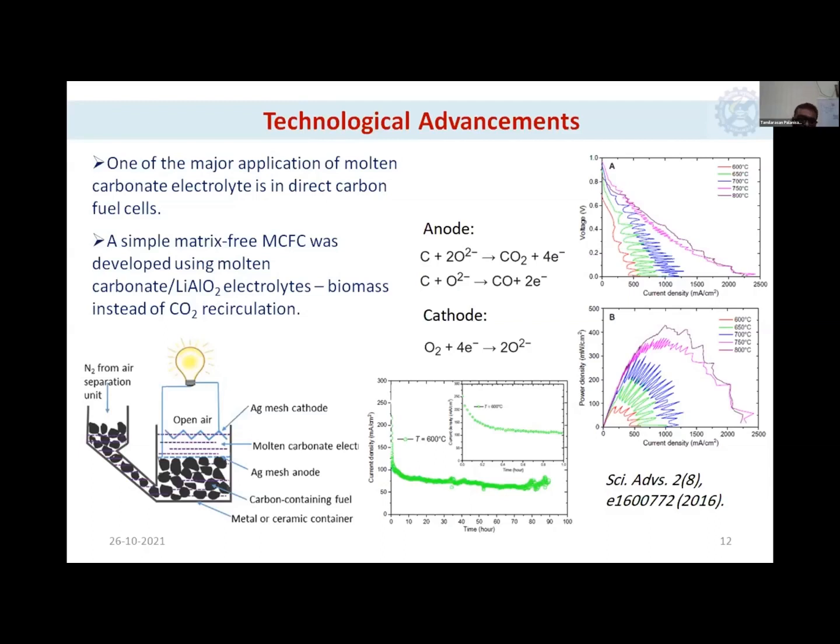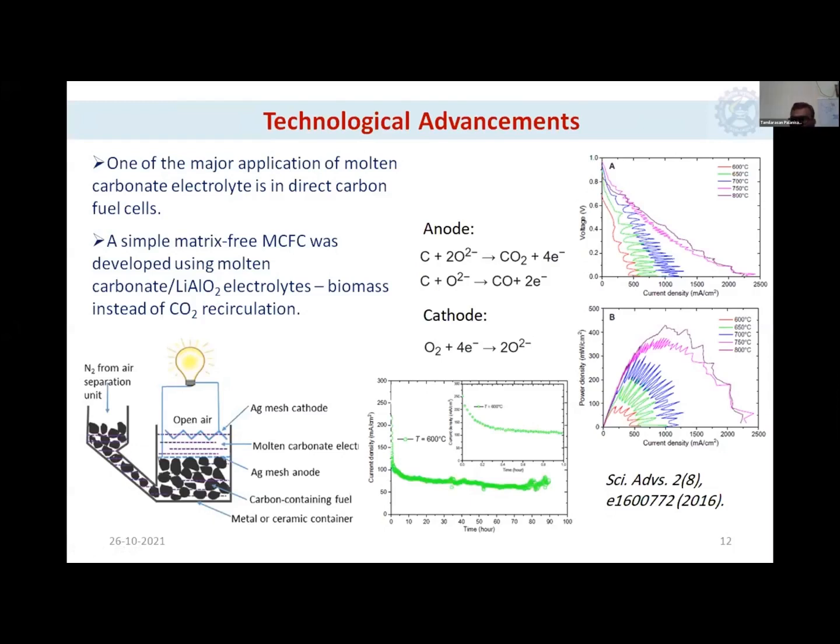How is it working? On the cathode side, you are supplying oxygen, and that oxygen produces oxide anions, and these anions will be transported through the molten electrolyte to the anode.